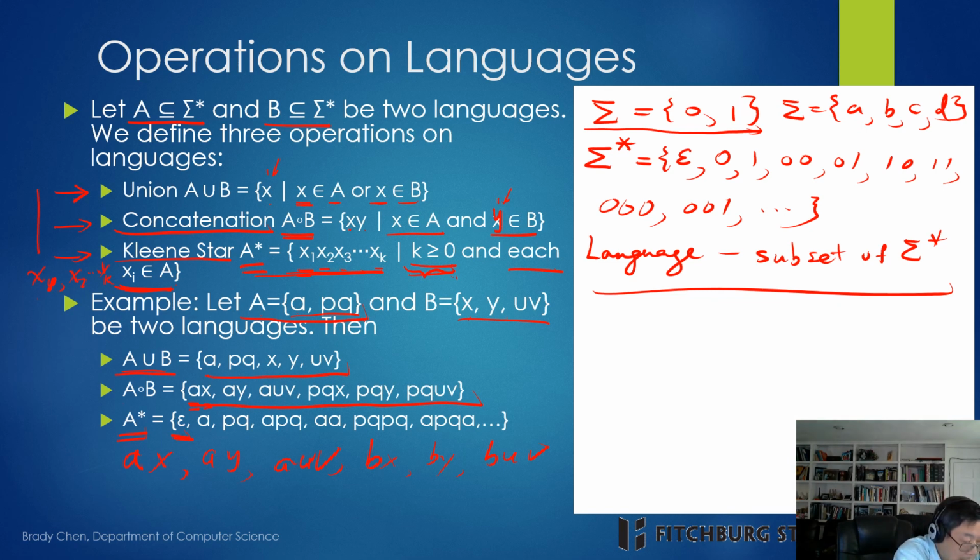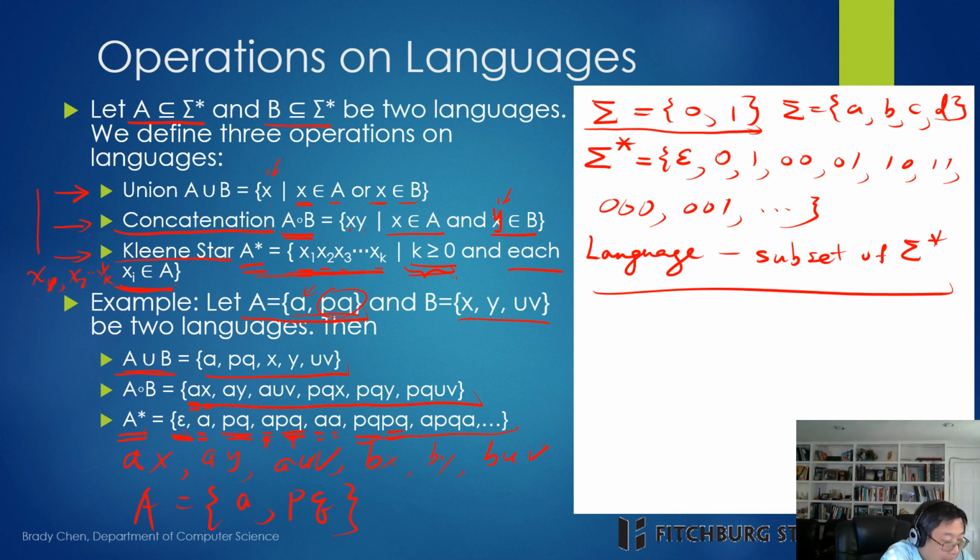So it has epsilon, and then a and pq from language A. Remember, A is a and pq, right? Then apq, because a is the first one and pq is the second one, and aa and pqpq, because pq is a string in this language A. So the Kleene star is defined as the combination of the concatenations of all these strings in A.